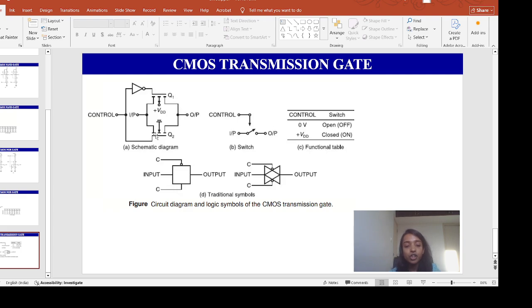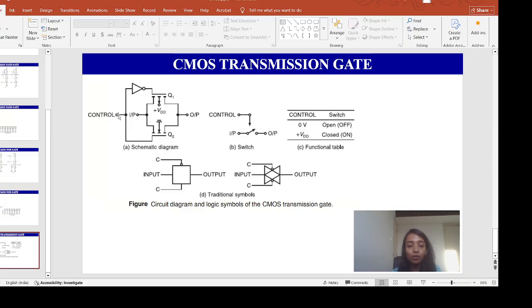So in this condition, Q1 will be off and Q2 will be on. Now, if the input is high, VGS1 will become negative and VGS2 will be 0 volt. So Q1 will be on and Q2 will be off. So there is always one conducting path from input to output when the control is high.